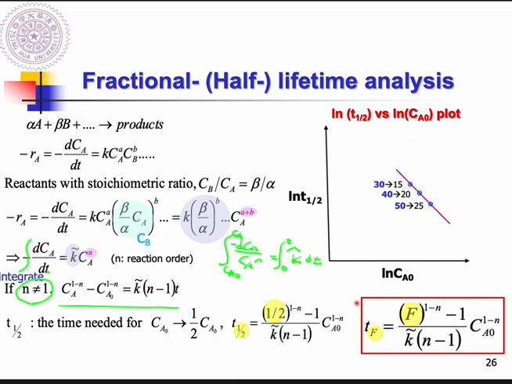Then after fitting, the slope will be 1 minus n. Based on this, I can get the reaction order n.